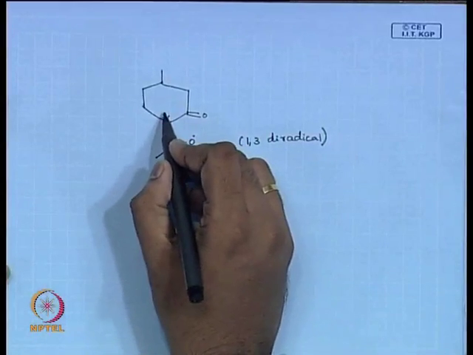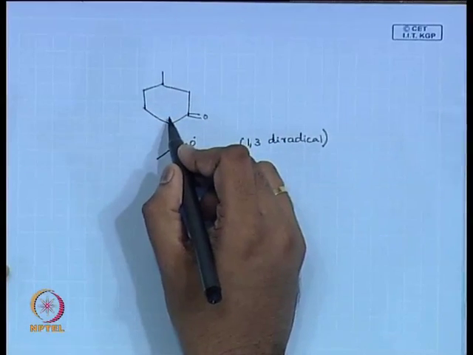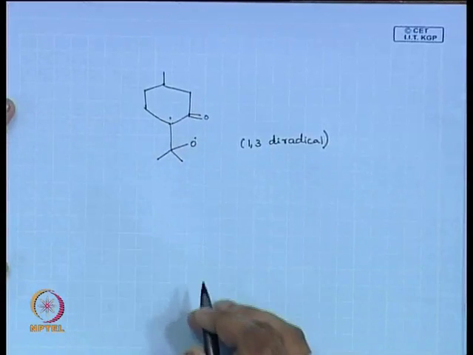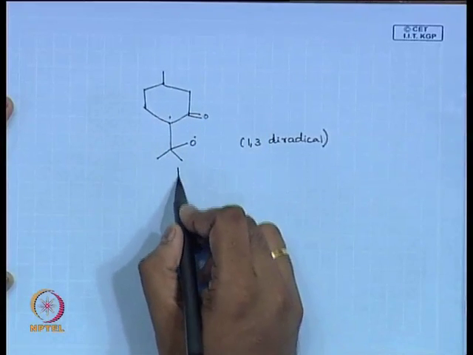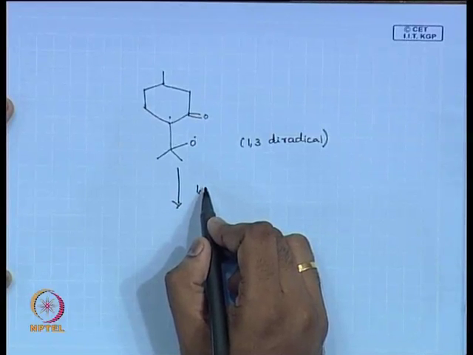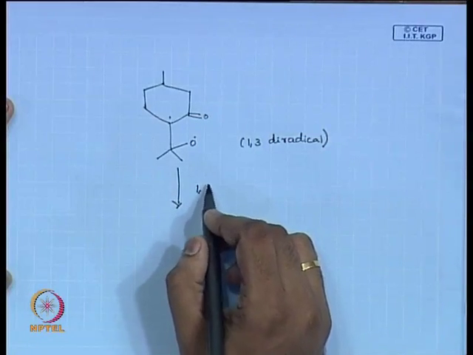See, this is my radical, right, 1, 2, 3. I do not have hydrogen here. Then it does a 1,2 methyl shift. Instead of hydrogen shift, I can do my methyl shift.